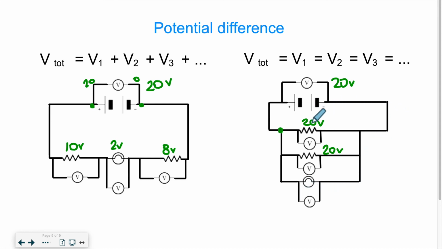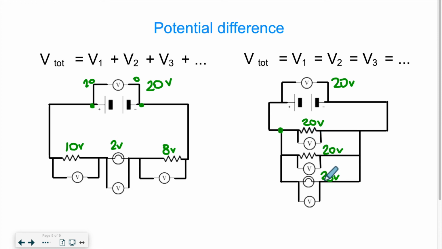Because if you remember, these circuits are always unidirectional, so they only go one way, right? So it's not as if they can loop around and go back and forth. No. That's not the way it works. So they will go through the light bulb and go back to the power source. Well, if they're only going through this light bulb and that's it, they have to spend all 20 volts over here. Well, look at that.